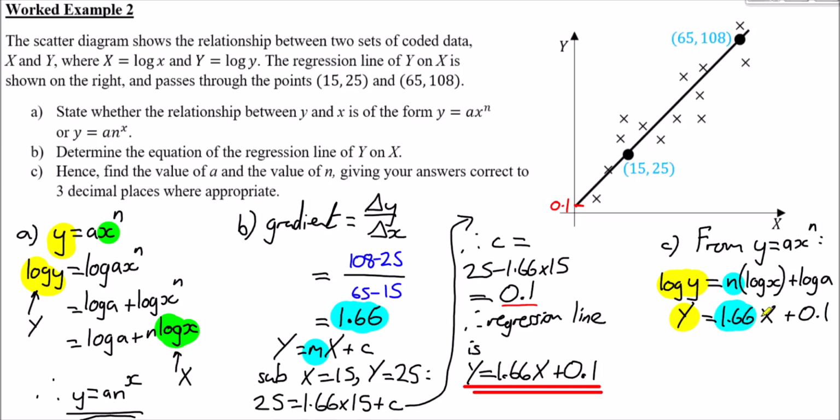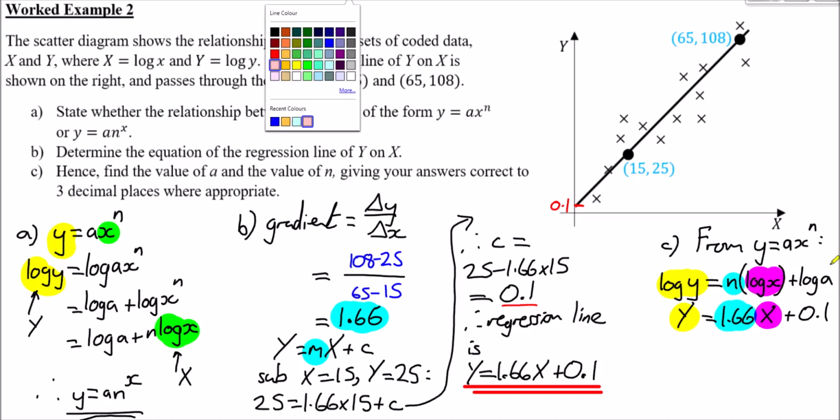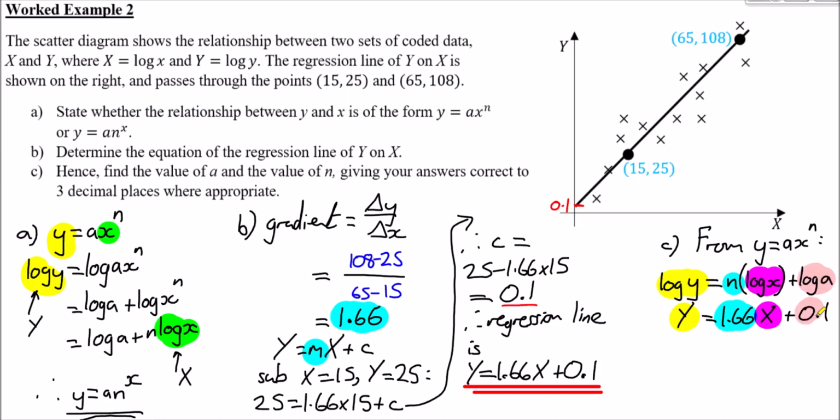Big X, like it says, is coded as log of little x, and so this here relates to big X, and then log of a finally is going to be 0.1. So we can work out what n is.